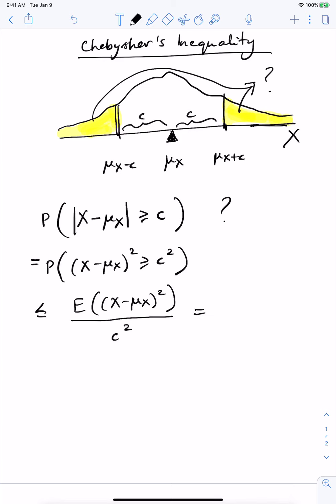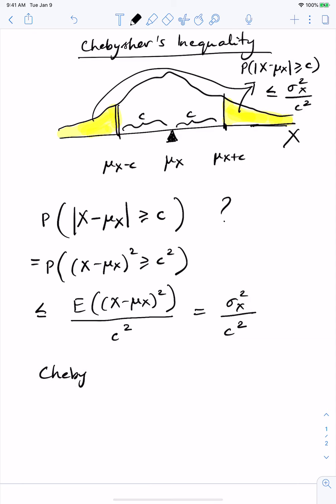The numerator is by definition the variance of X. And what we have shown is that those two tails together are equal to the probability that the absolute deviation is at least c, and that is bounded above by the variance divided by c squared. And that is Chebyshev's inequality. It looks a little different than what we wrote down in Data 8, but we'll see that it's exactly the same.